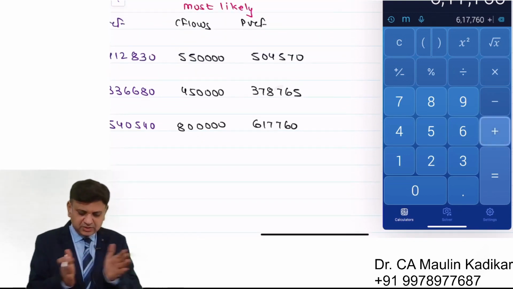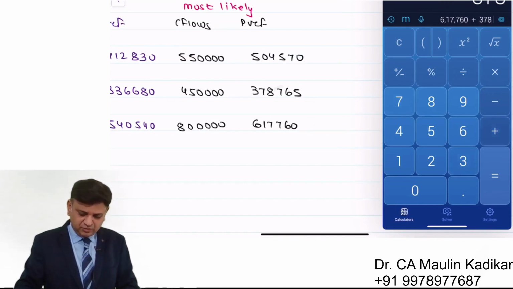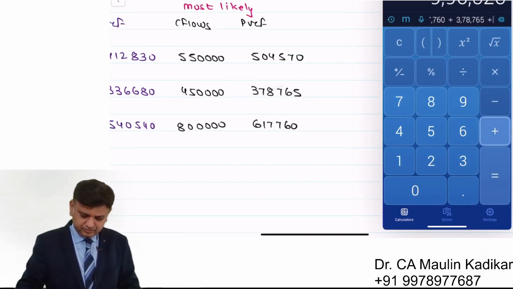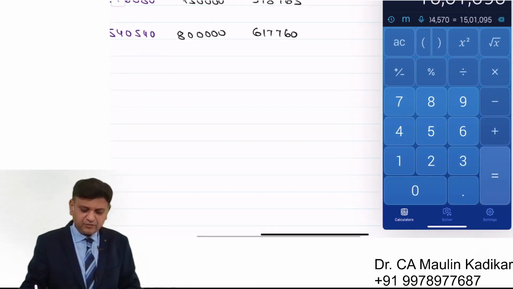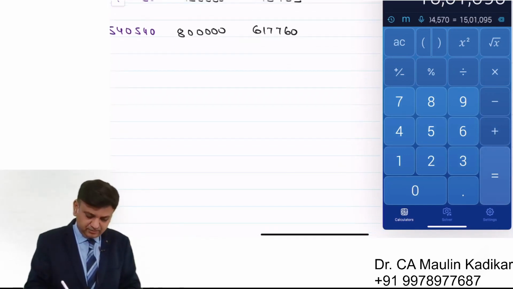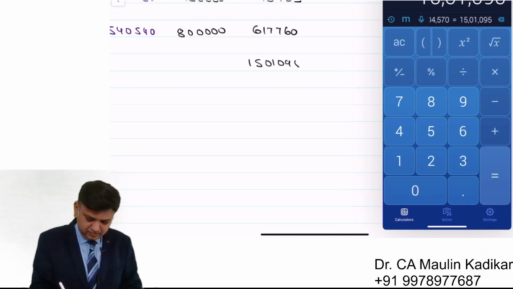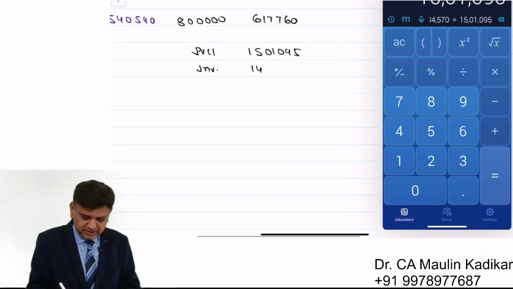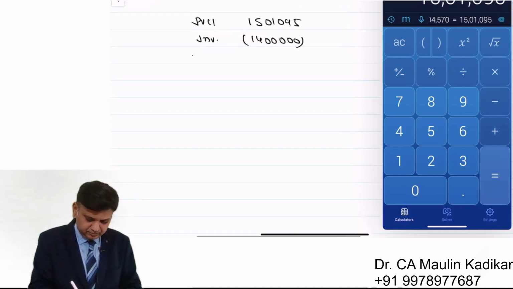So the total of these three is the present value of cash inflow, 15,01,095, minus investment of 14 lakhs, which gives 1,01,095.